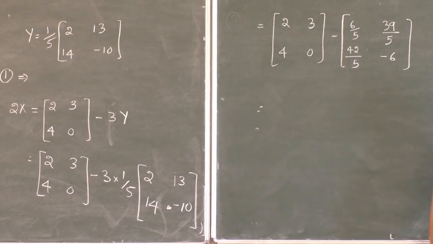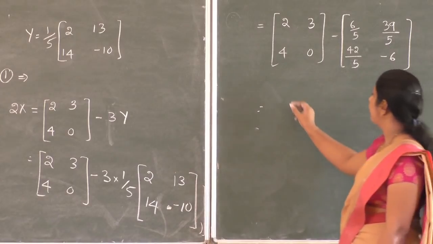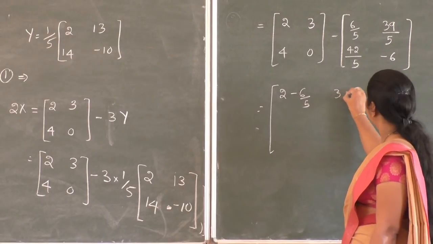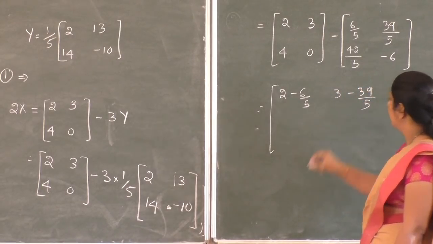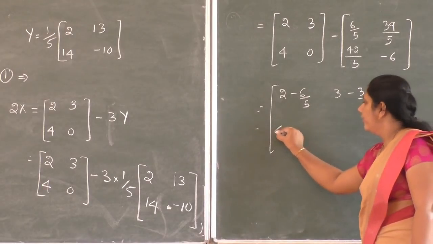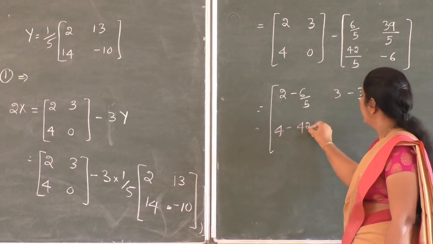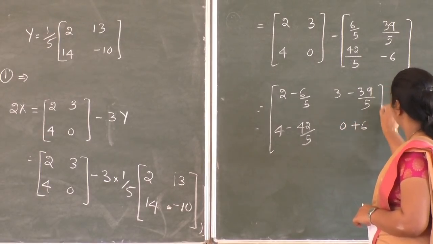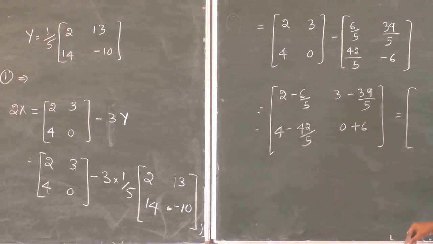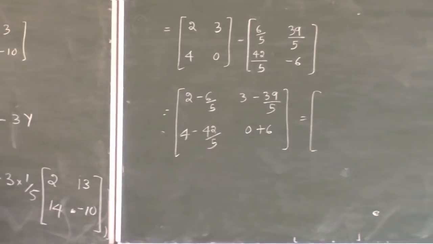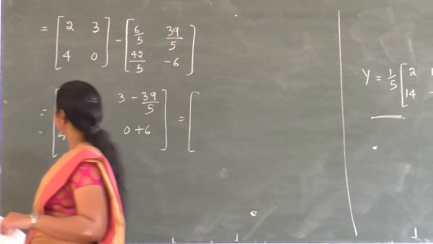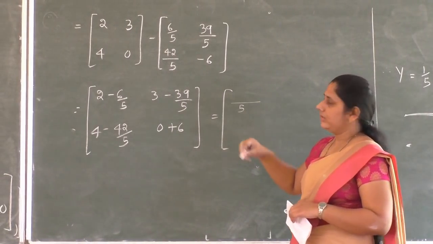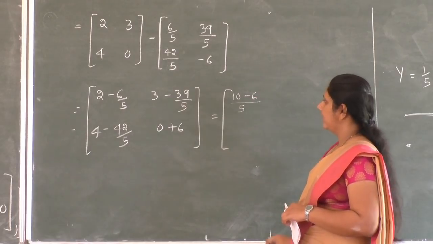Now subtract the corresponding elements. That is 2 minus 6 by 5, 3 minus 39 by 5, 4 minus 42 by 5, and 0 minus of minus 6, that is plus 6. Here 5 is the common denominator, so 2 into 5 is 10 minus 6.